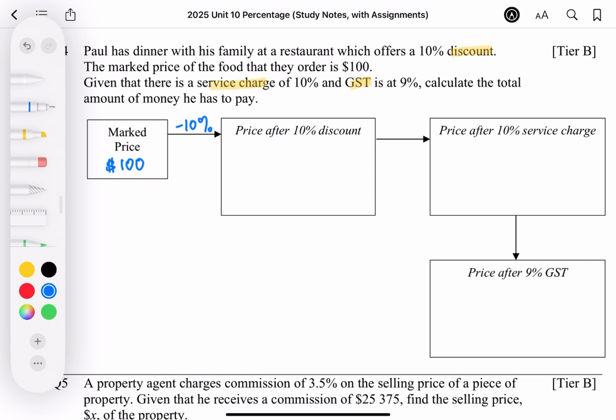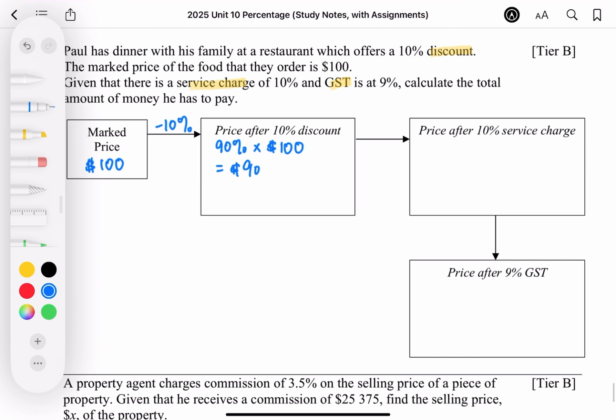So first, let's calculate this. The price after 10% discount will be 90% of the market price, and it turns out to be $90. Next, it is going to be subjected to 10% service charge. In other words, we have to pay 10% more.